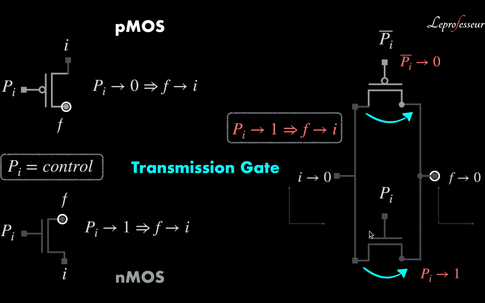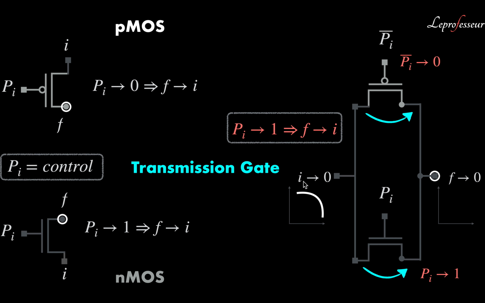And NMOS is good for conducting the logic 0. So let's say the input is transitioning to logic 0. NMOS will conduct and will produce a stronger value, whatever is at one terminal to the other terminal.